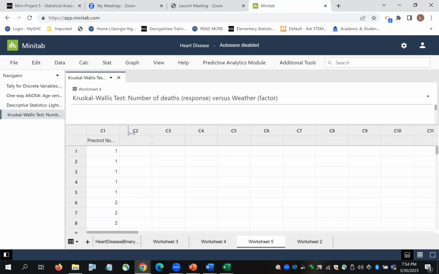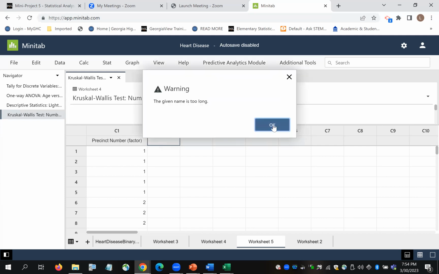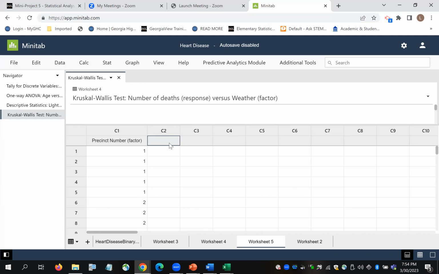Then in the next column next to it, you're going to put the number of crimes per week. That's my response because that's the numeric value. Again, you have to make sure you keep them paired up.